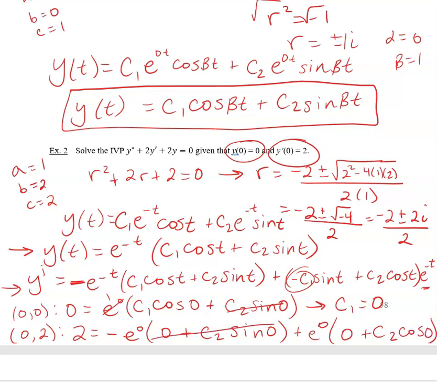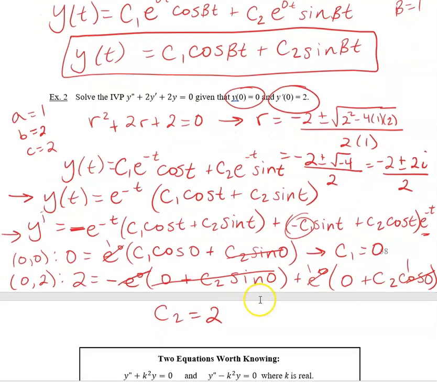So this all zeroes out, and then here cosine of 0 is 1, e to the 0 is 1, so I have c sub 2 times 1, so just c sub 2 equals 2 is what I'm getting.